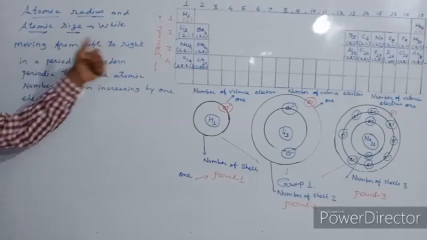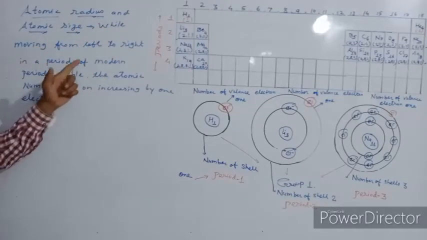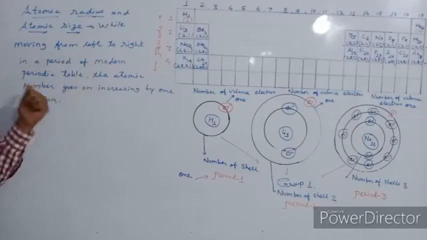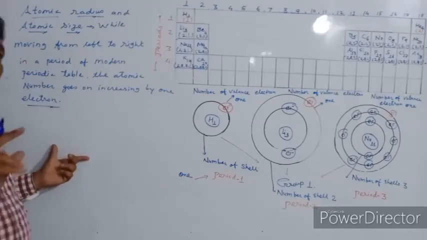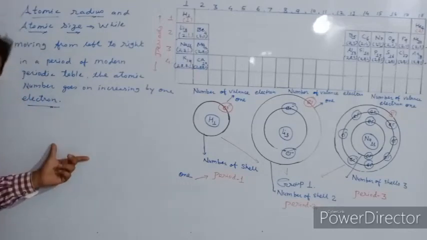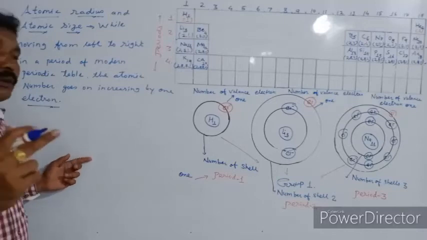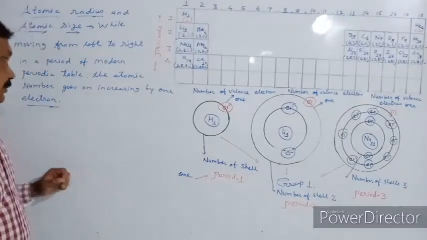While moving from left to right in a period of the modern periodic table, the atomic number goes on increasing by 1 electron. It means that 1 electron goes on increasing and therefore the atomic number goes on increasing.